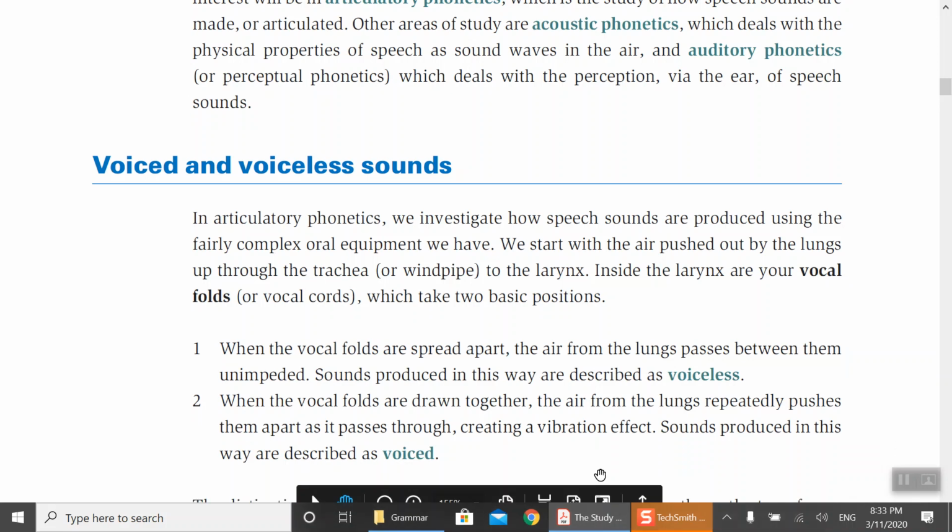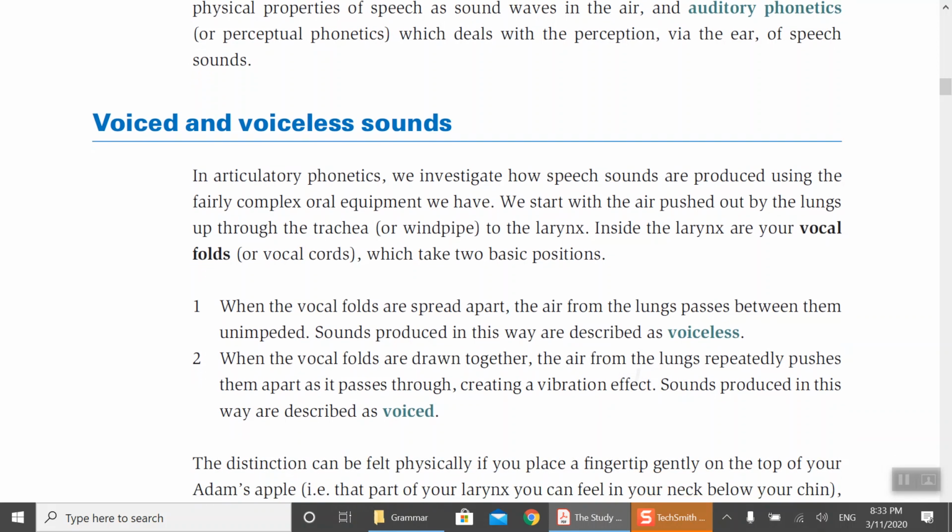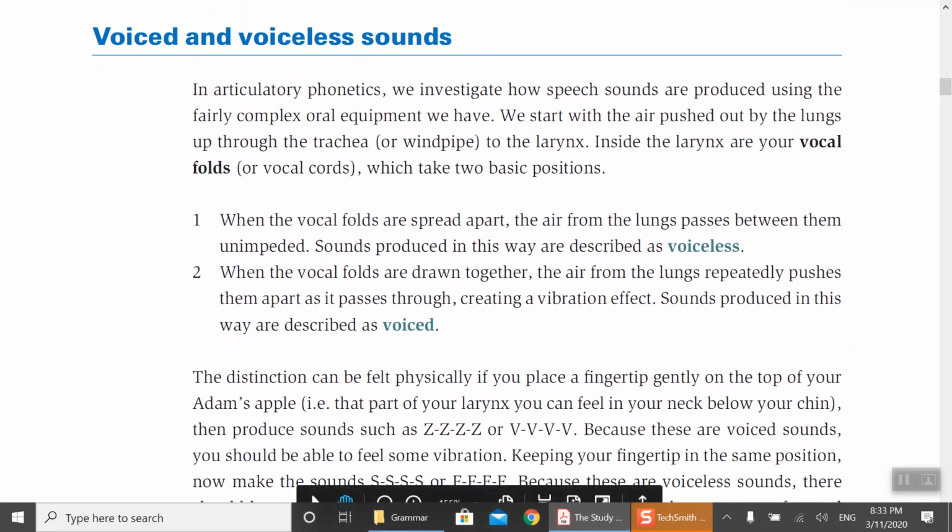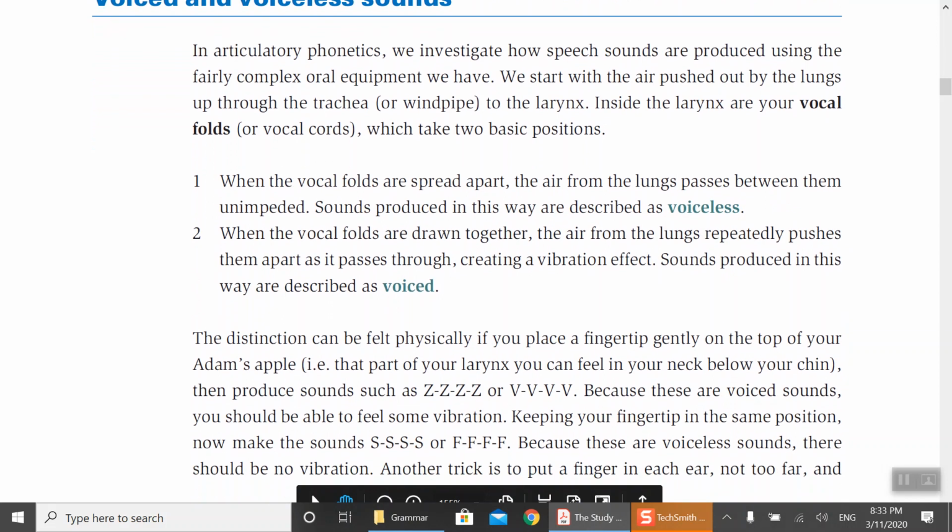And when the vocal folds or vocal cords are drawn together, the air from the lungs repeatedly pushes them apart as it passes through, creating a vibration effect. Sounds produced in this way are described as voiced. Okay, so this is simply the difference between voiced and voiceless sounds. Here you have some explanation.